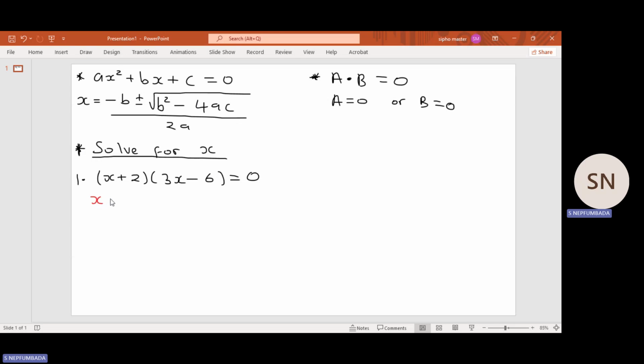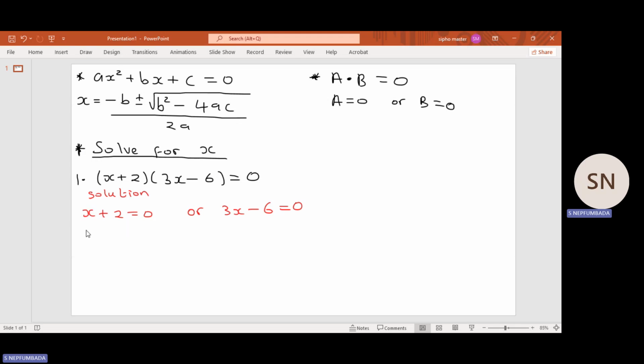It means when we do a solution, let me just write solution. It simply means that x plus 2 equals 0, or 3x minus 6 equals 0.